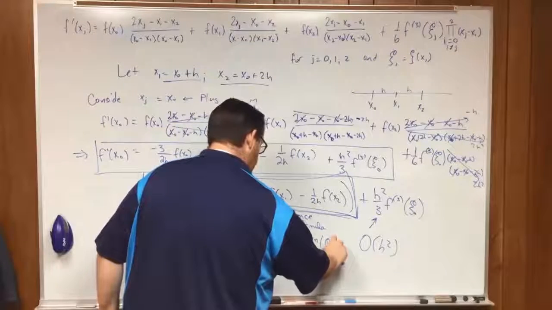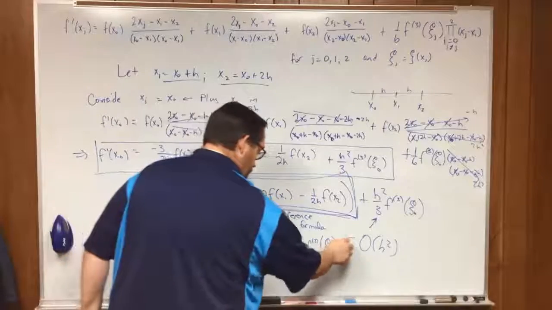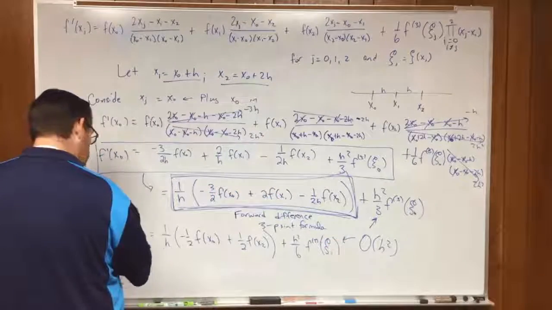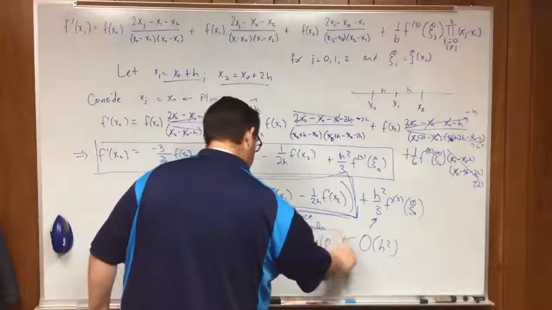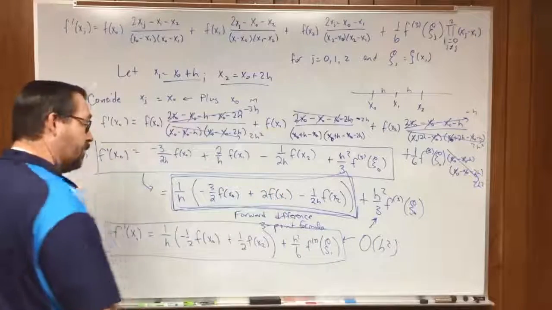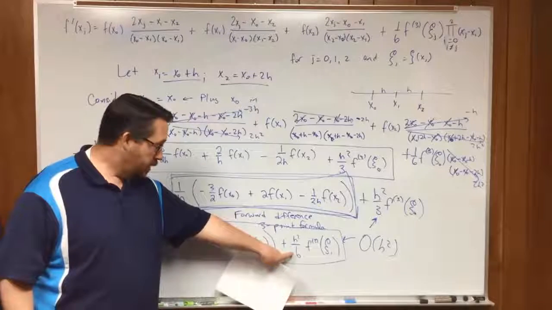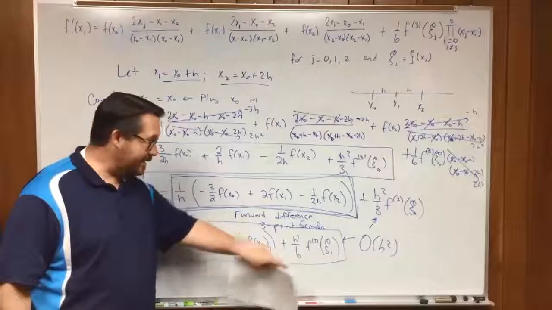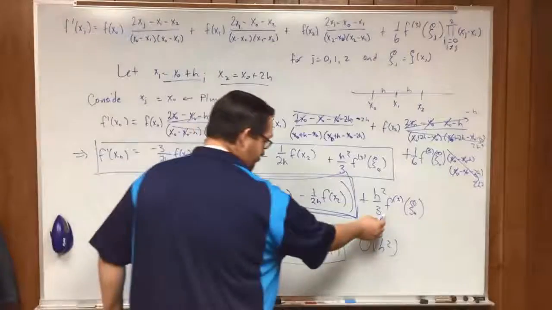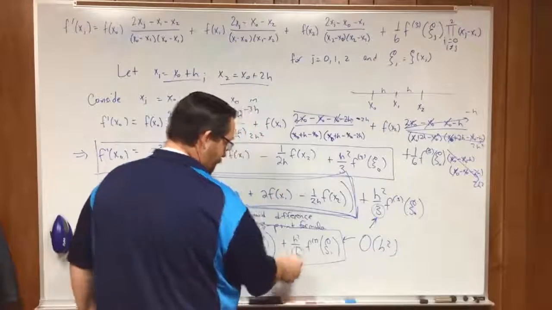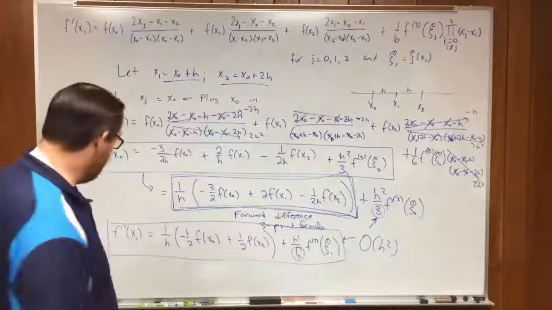So again, this is also big O of h squared and order h squared over 6, which is something to notice. We'll talk about in just a second. This is actually half the error of the other one.